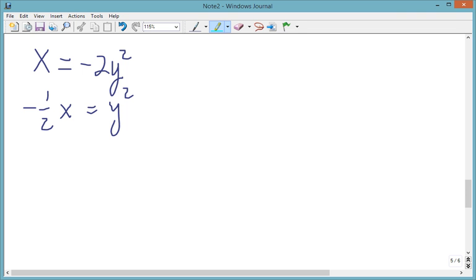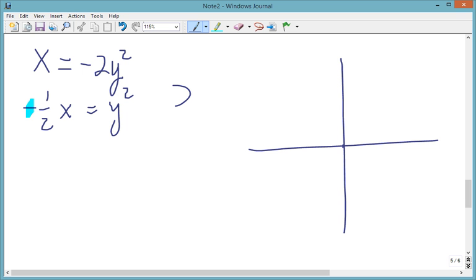And because it's negative, it's going to open to the left. So I know that this parabola is opening to the left. And the vertex is at (0, 0). So now I need to find p. Well, I don't even need that negative, because p we just consider a positive number, but 1/2 is equal to 4p.